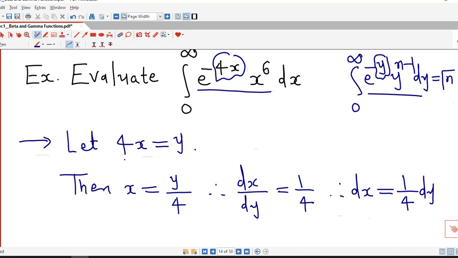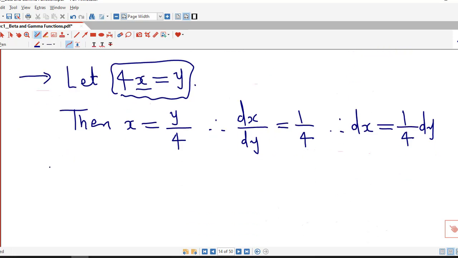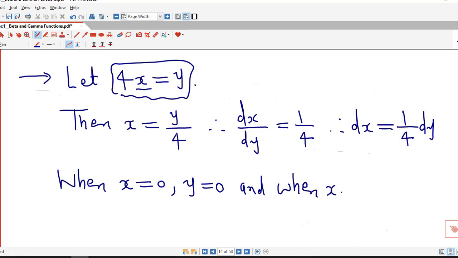For the limits of the new variable y: if x is 0, y is 0, and when x tends to infinity, y tends to infinity. So the limits of y are the same as the limits of x.